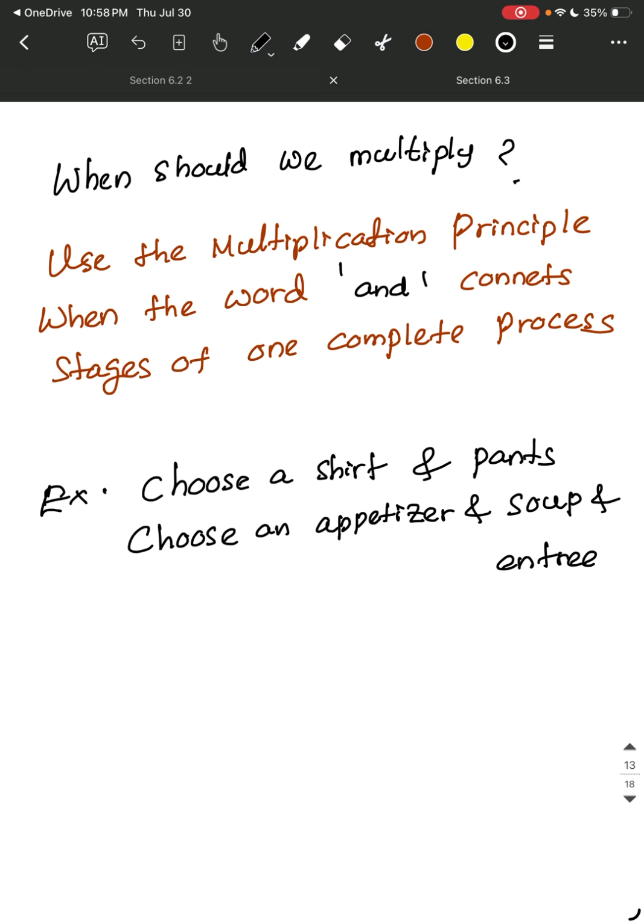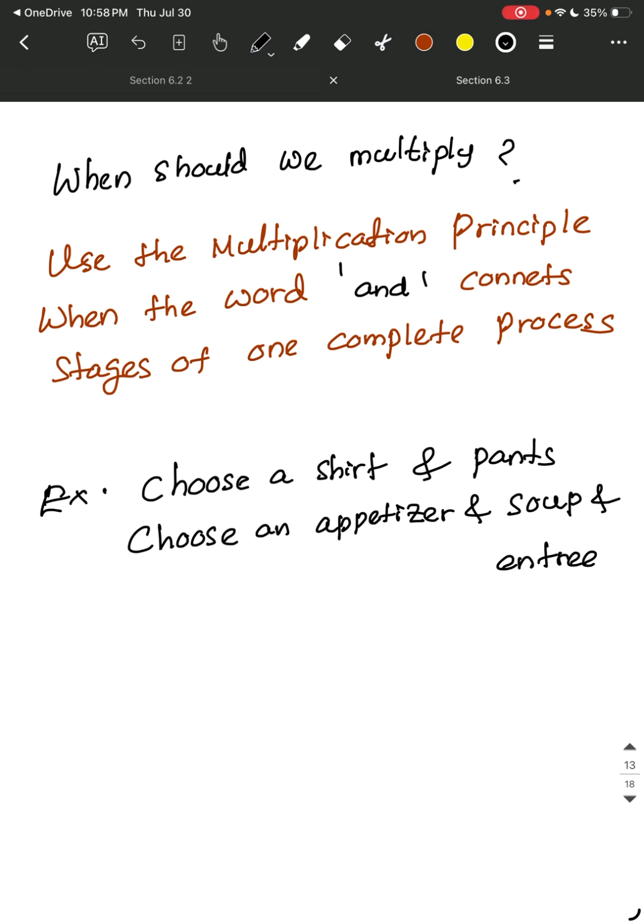So, then what are the common mistakes? Let's review the most common mistakes. Adding the number of choices instead of multiplying. Students can make that mistake, adding the numbers instead of multiplying the number of choices. Forgetting one stage of the process.